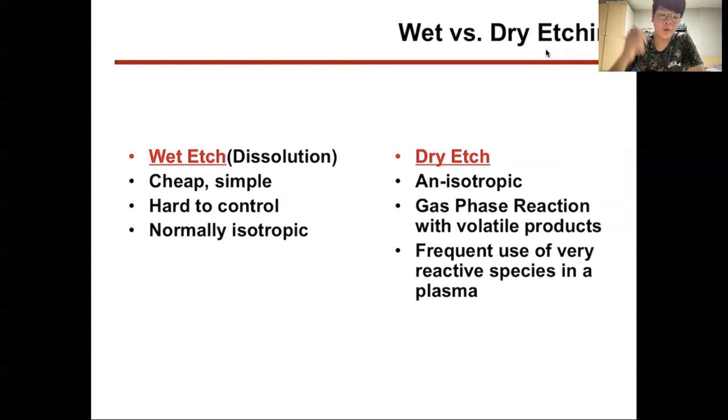Dry etch uses plasma or ions to physically remove silicon or the target material. It also has a chemical part, using gas reactions. Using dry etch has the advantage that it can etch in an anisotropic way. However, it is very expensive and difficult to make.